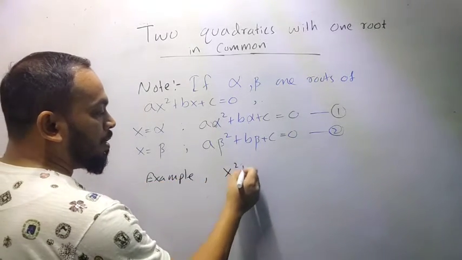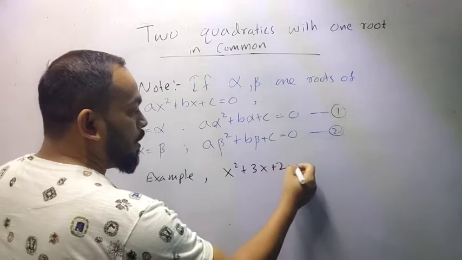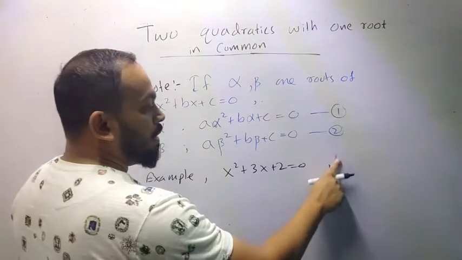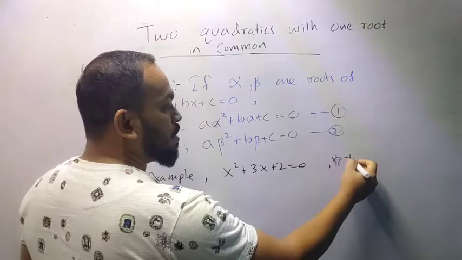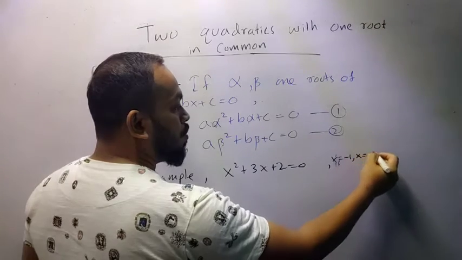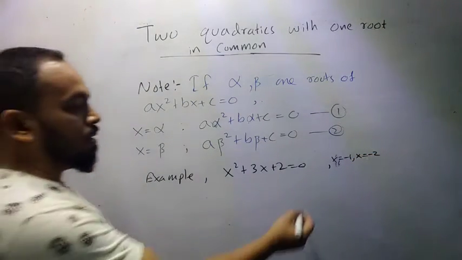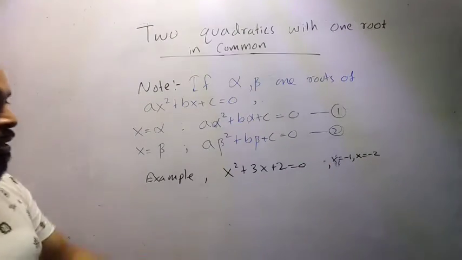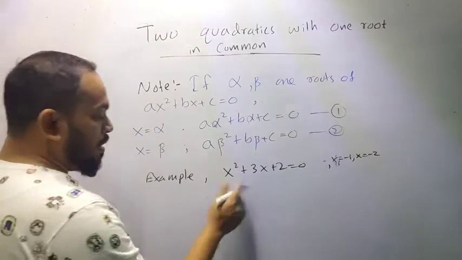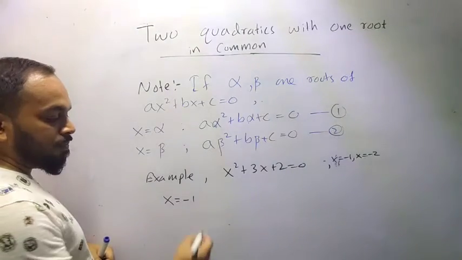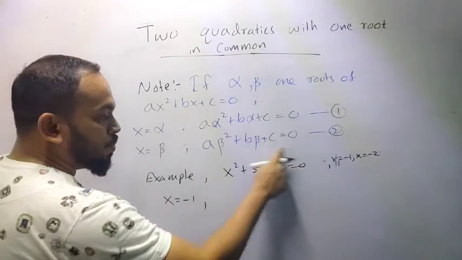Okay. For example, x squared plus 3x plus 2 equals 0. We found the roots being x equal minus 1 and x equal minus 2. These were the roots, right, of this quadratic equation. So what does that mean? Let's substitute x equal minus 1 and check if this is true.